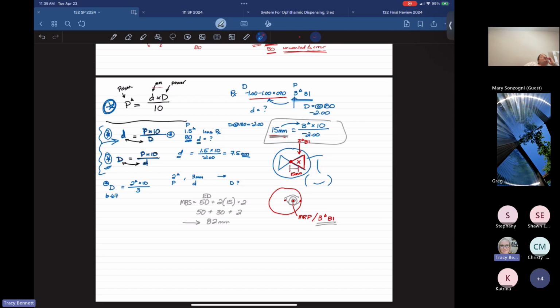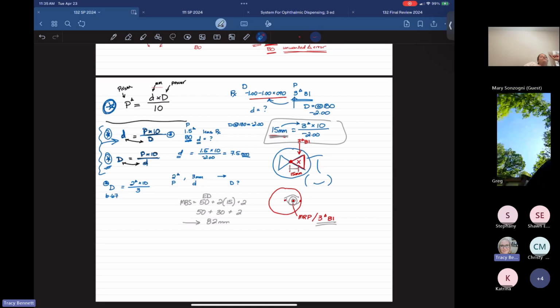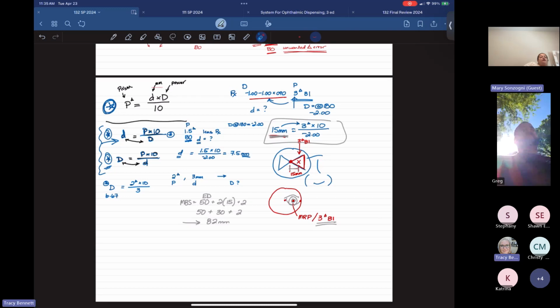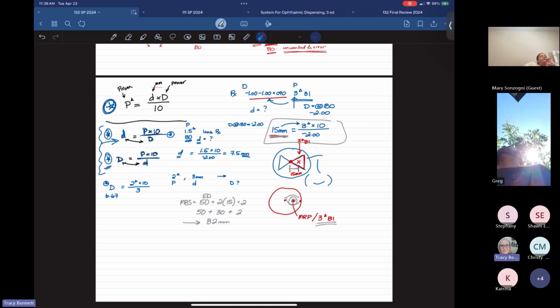Because when it comes to the ABO, they're going to want you to be able to do that as well. And the same with decentration. So the decentration and minimum blank size formula. Be able to know how to do Prentice rule by just looking at your problem, oblique meridian, flat transposing, any other math formula or no? Optical crosses, definitely.